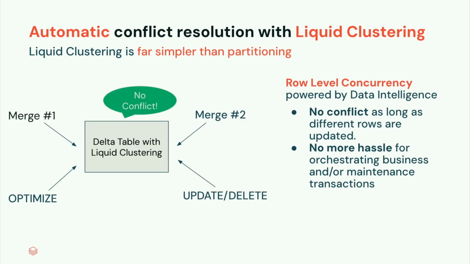All of this will succeed without conflicting, even if they're on the same file or partition level. Because with liquid, you no longer conflict as long as you're writing and updating different rows. So you don't have to think about reorchestrating your jobs with failures and try catches and whatnot.